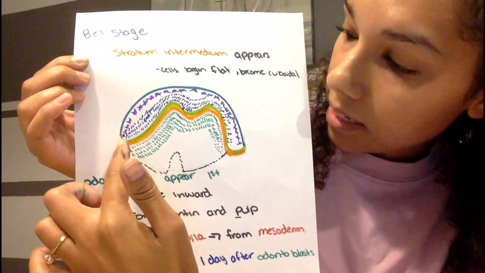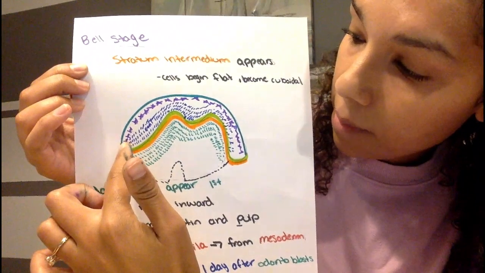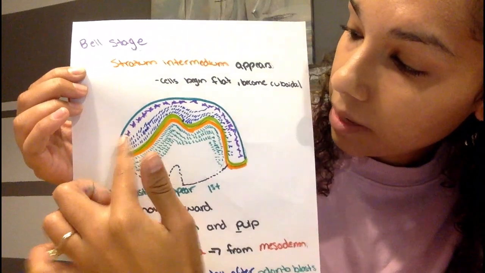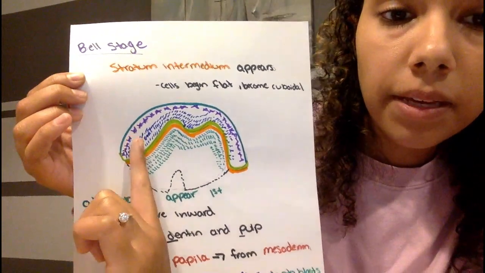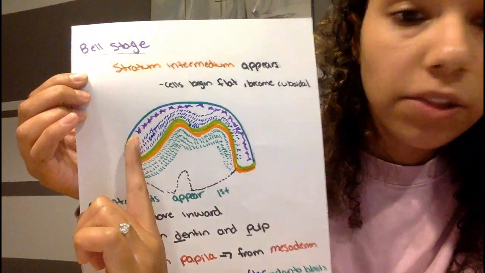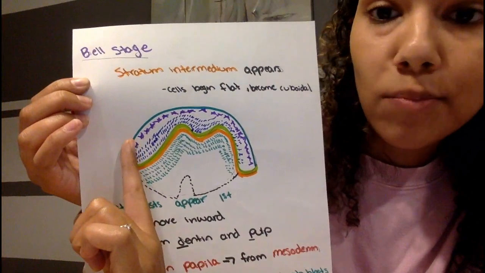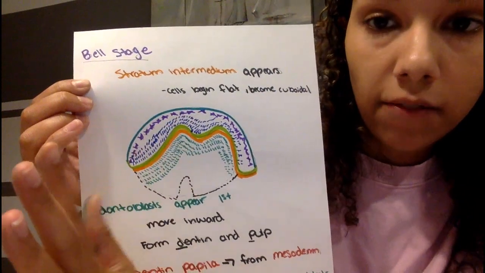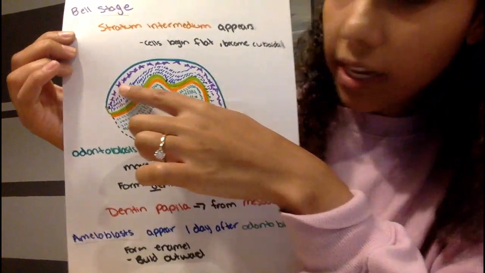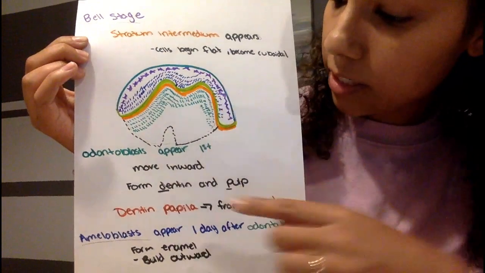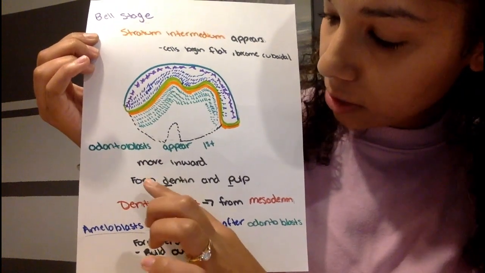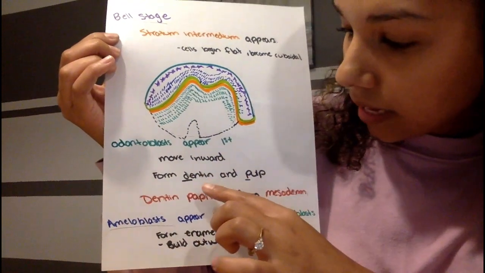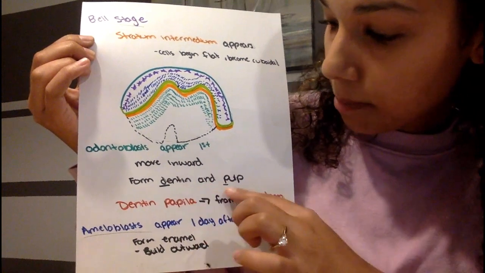As the ameloblasts build up, they're going to push the stratum reticulum up. Those were already there, so they have to move out of the way, and we'll see what that forms later. Just keep in mind that they are still there. The odontoblasts move inward, like I said. They form dentin and pulp.